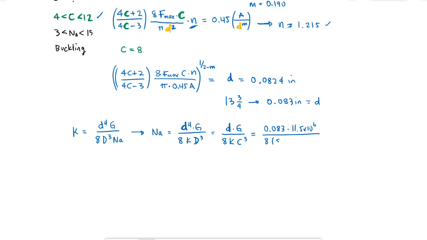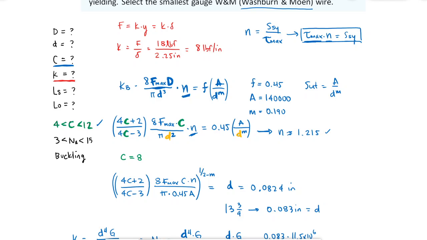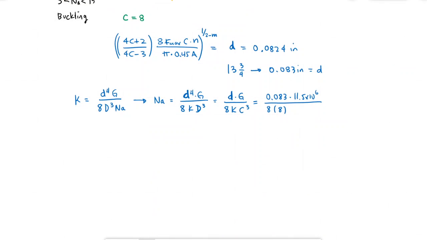The k that I found was also 8. It's the first thing I did. Okay. 8, and c, which I'm assuming was 8 up to this point, would be an 8 cubed here.